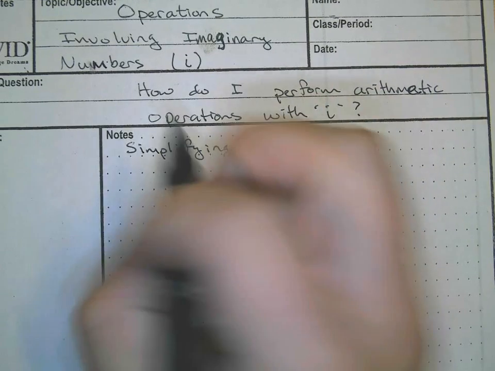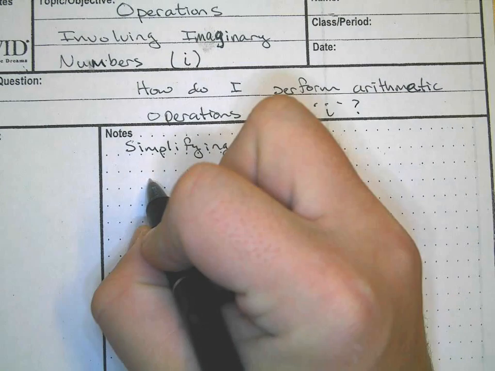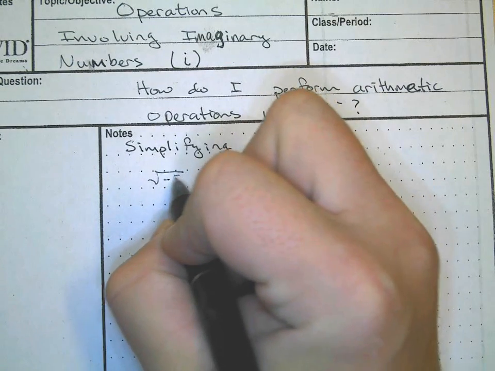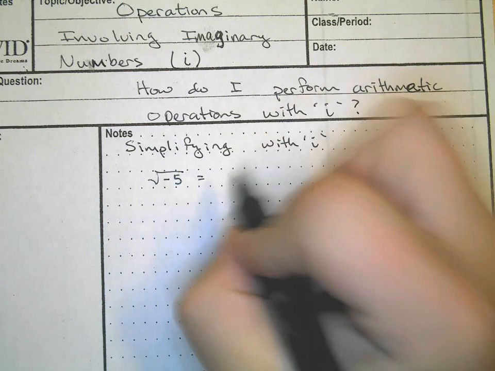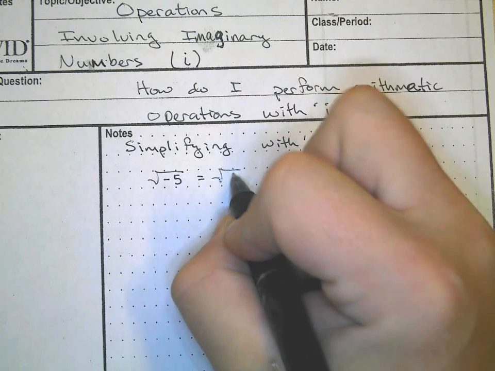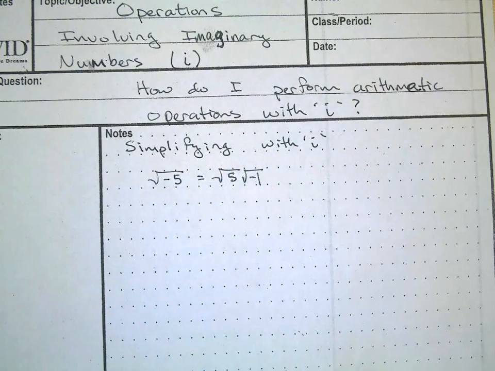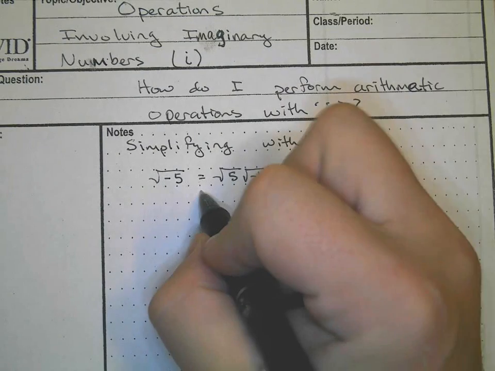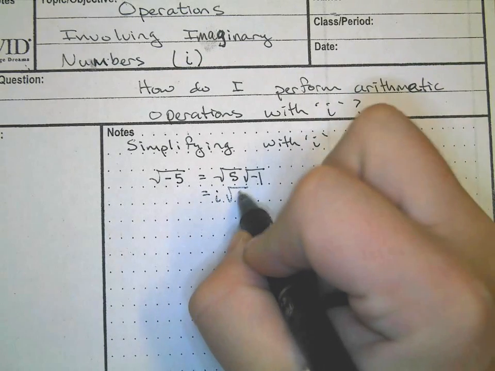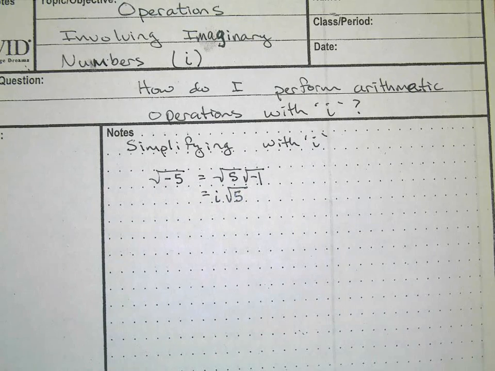So what we've already looked at is the idea that if I have the square root of a negative number, I can say that is the square root of 5 times the square root of negative 1. The square root of negative 1 becomes my i, and I just put that out front, and I still have my root 5.